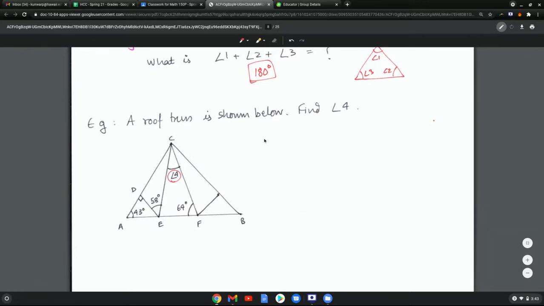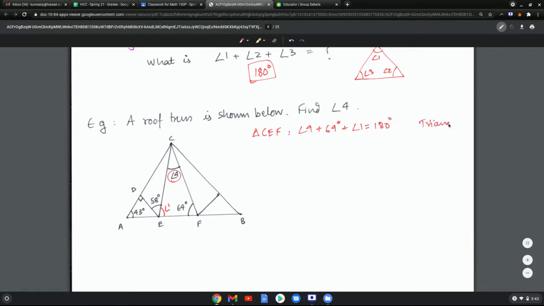Now here's the idea. If you look at triangle CEF, you know that angle 4 plus 64 degrees plus, let's say I call this angle 1, angle 1 should equal 180 degrees. Why?